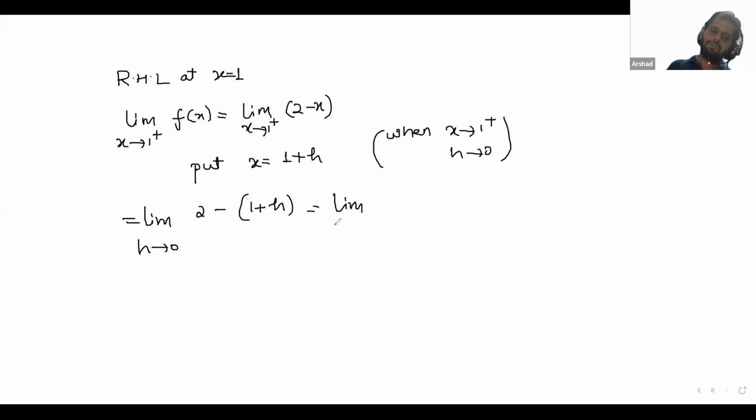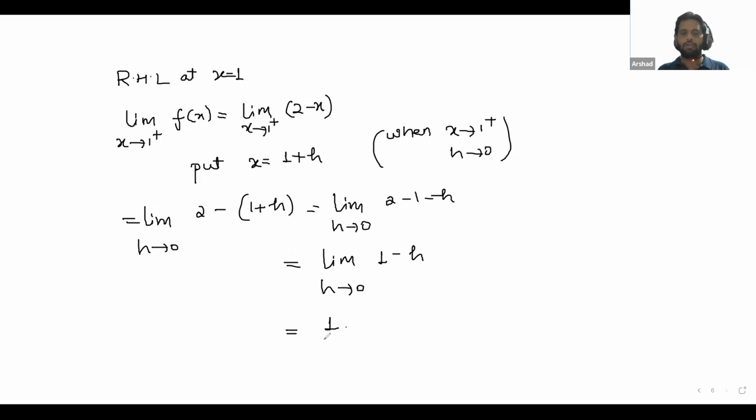Open this bracket, 2 minus 1 minus h. So limit h tends to 0, 2 minus 1 means 1 minus h. Put the value of h, you will get 1. So RHL you will get 1.